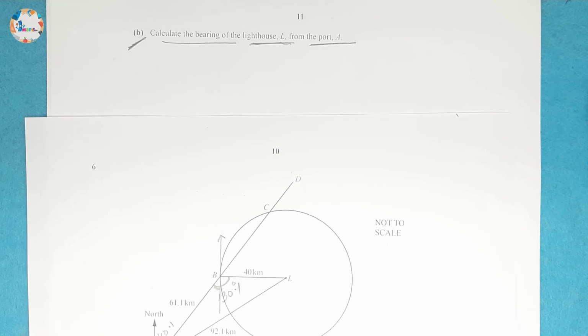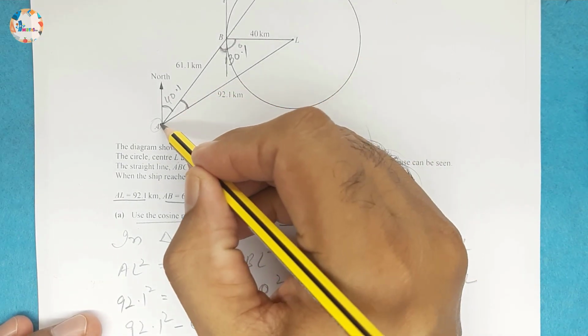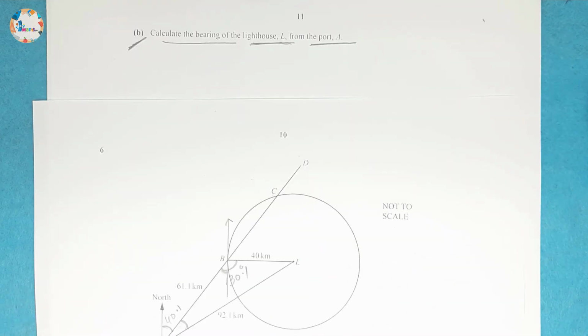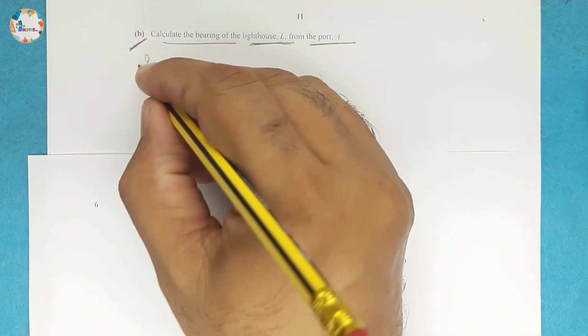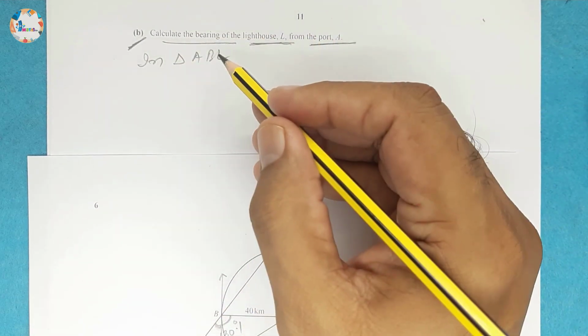So now our target is just to find this much angle. In triangle ABL, we can apply the sine rule.